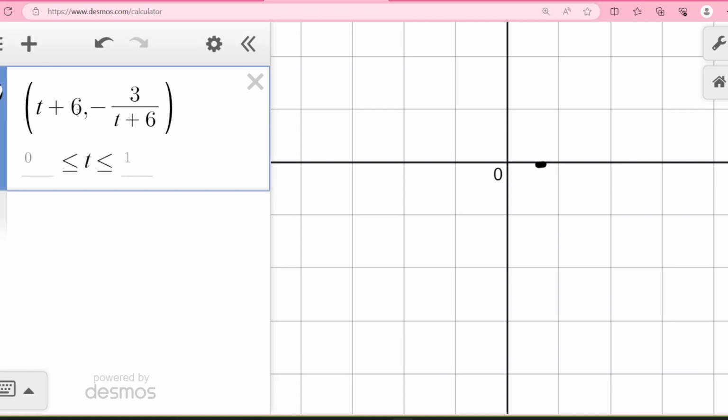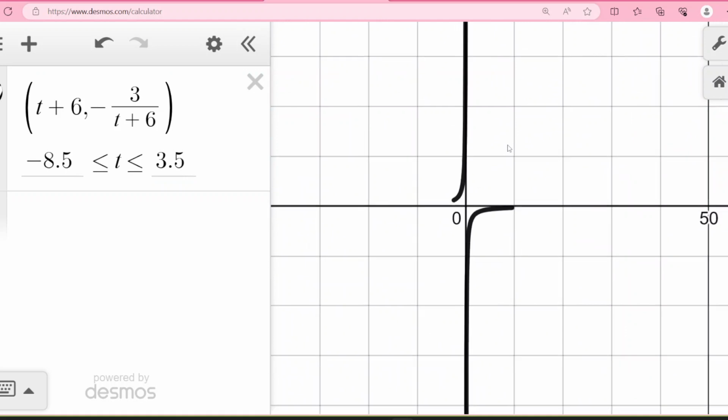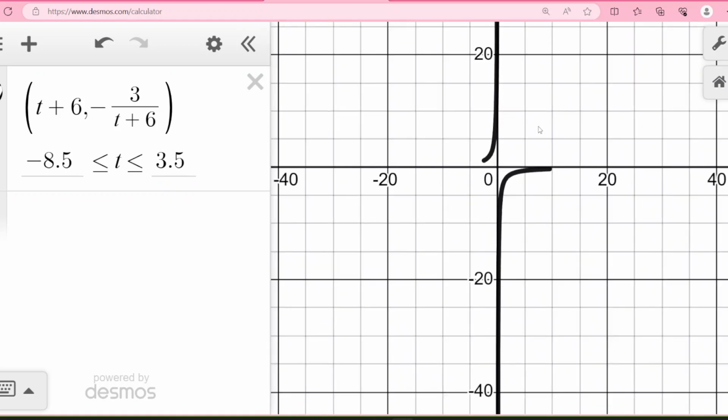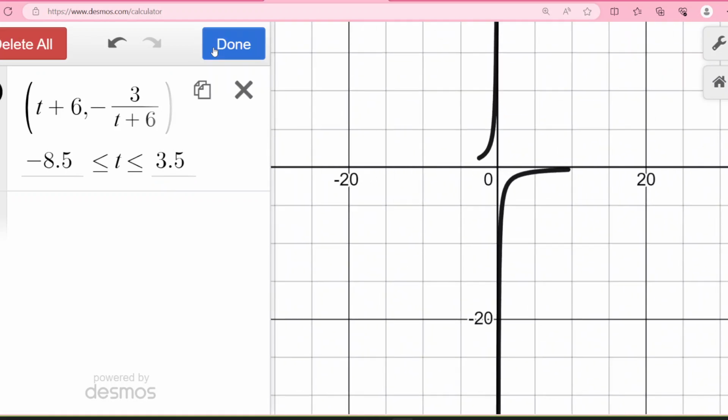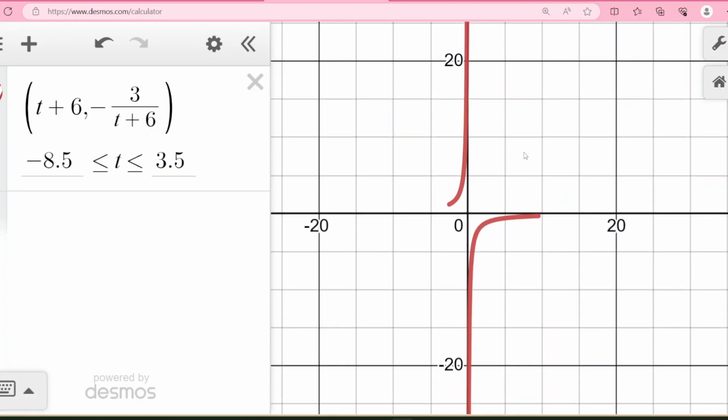And the value of t ranged from negative 8.5 to negative 3.5. So we're on this curve here. Maybe I'll change that to a different color. There's red, or whatever color you're seeing.